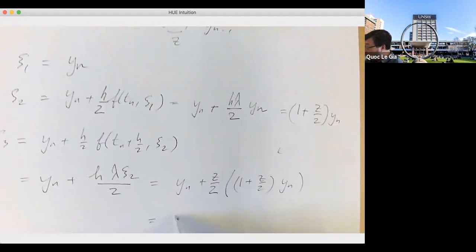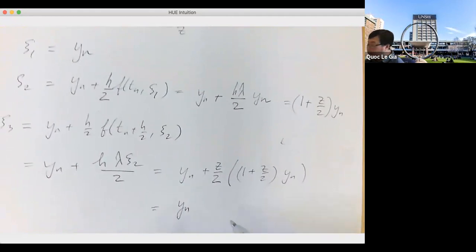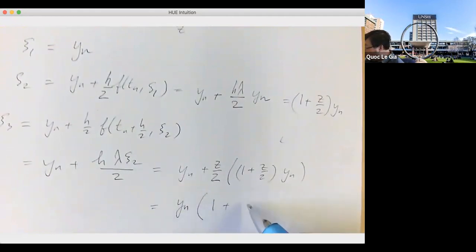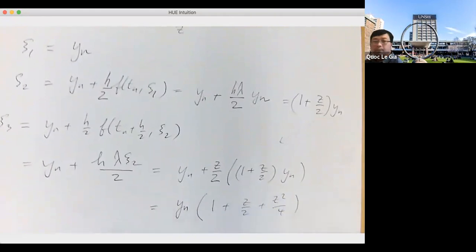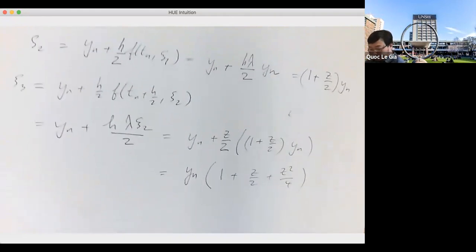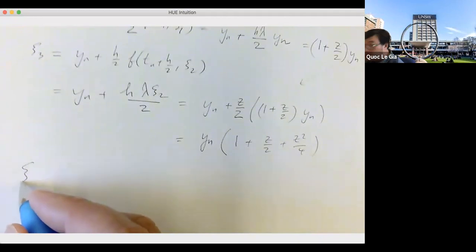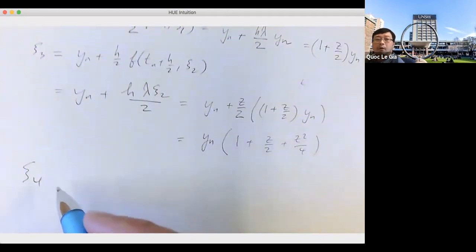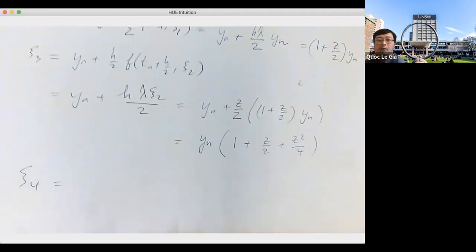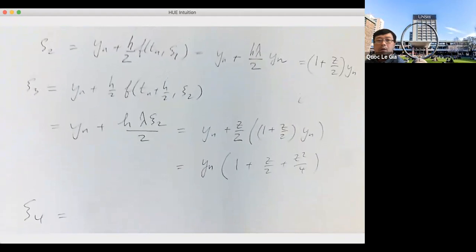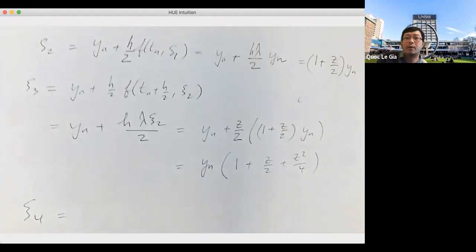So this one gives you yn as a common term, so 1 plus z over 2 plus z squared over 4. And the next one will be xi4. So what is xi4? Any questions so far?